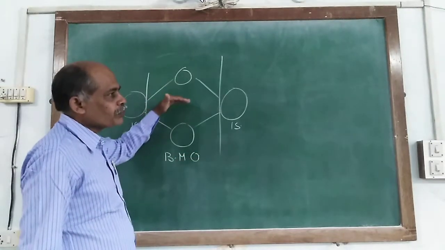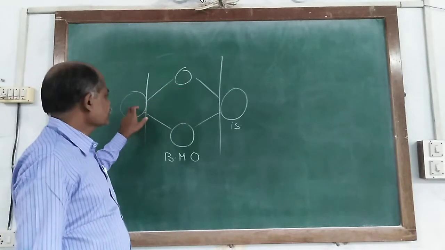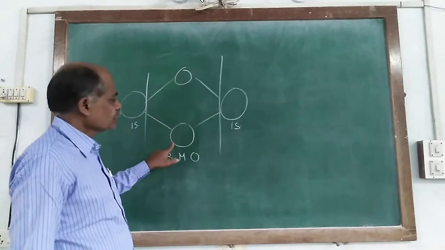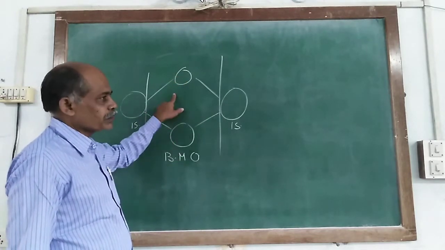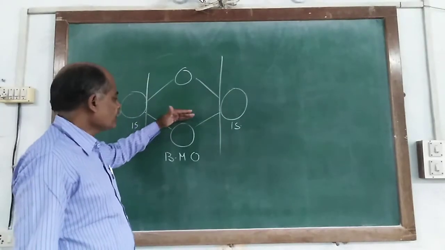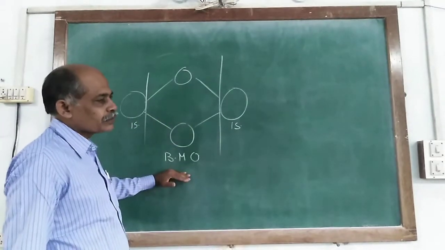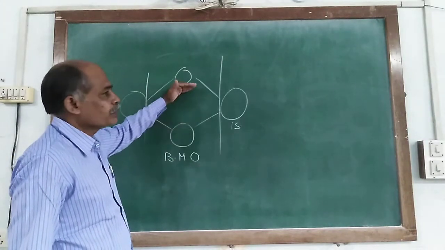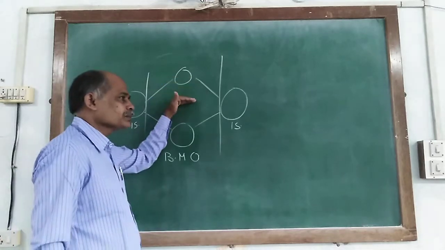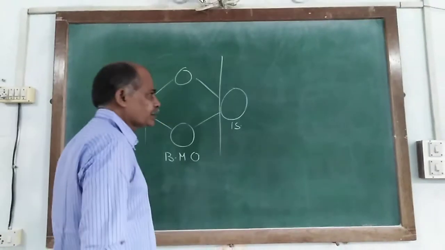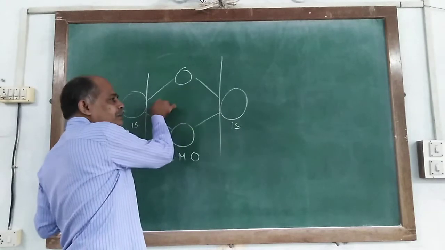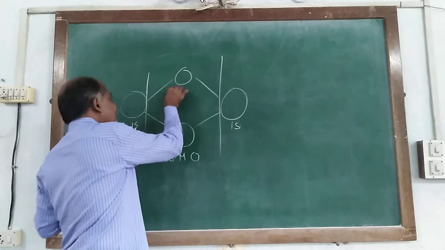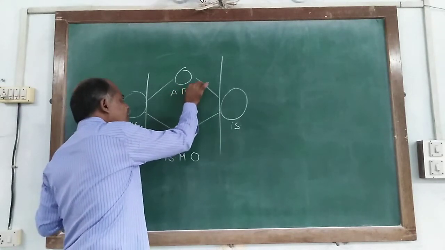The remaining half, having energy higher than the two combining atomic orbitals, is known as an anti-bonding molecular orbital.